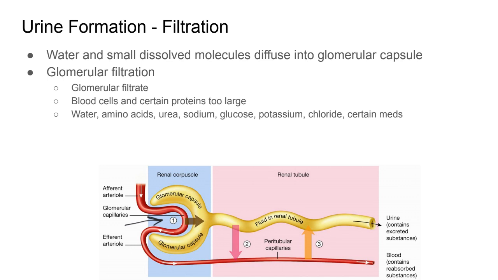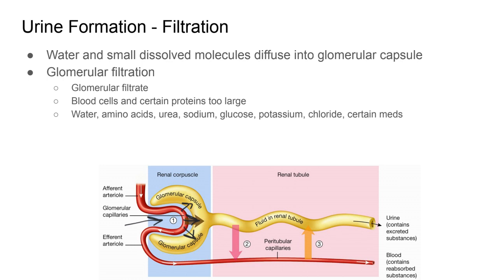Remember, the podocytes were those cells that had foot-like appendages, and they wrapped around the capillaries, forming those filtration slits. So that fluid is going to come out of the capillaries and into this glomerular capsule.